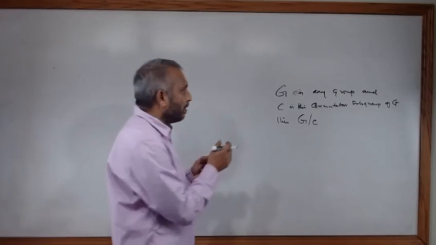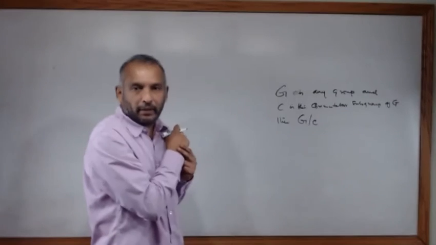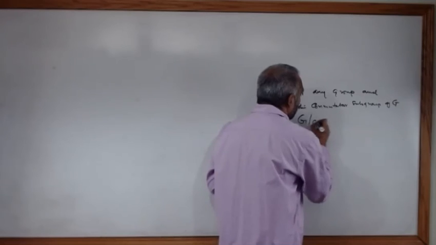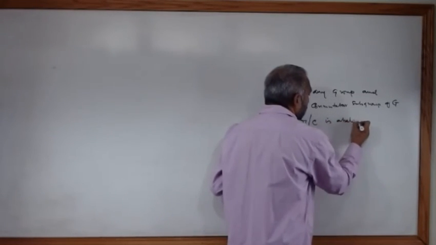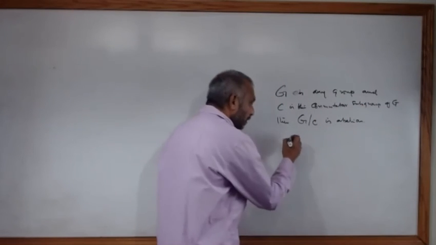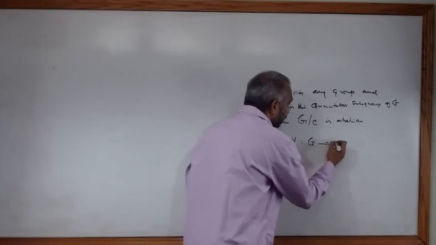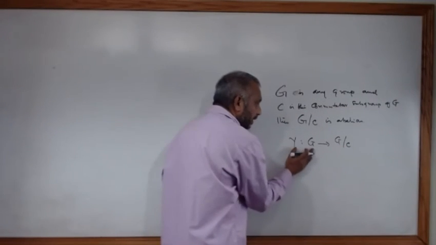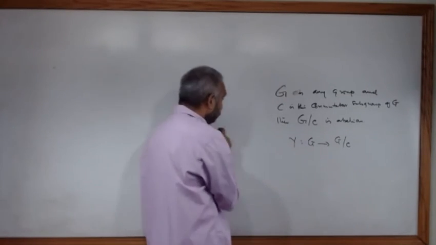Then only is our effort of building this subgroup meaningful. So the factor group G over C is abelian. Then only can we construct a map from G to G over C such that you can make the elements of G an abelian group.